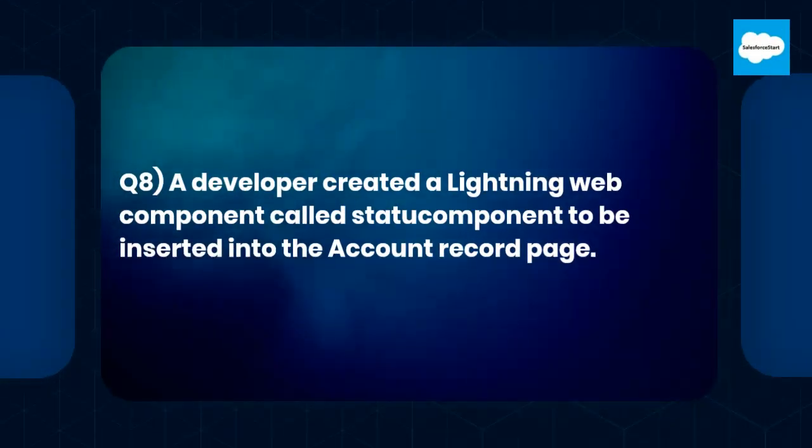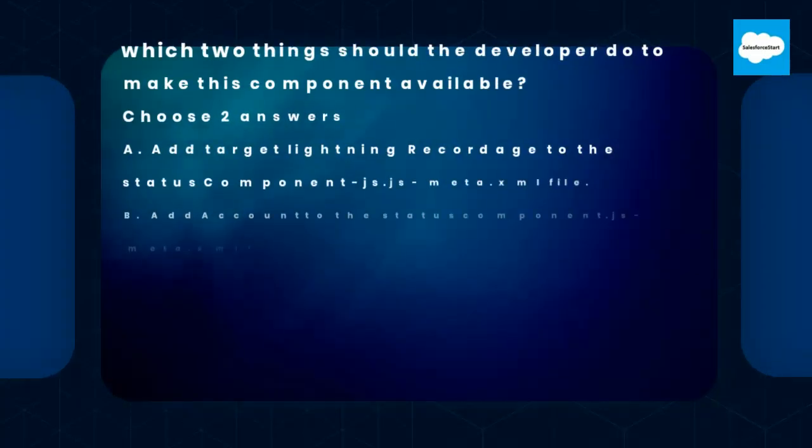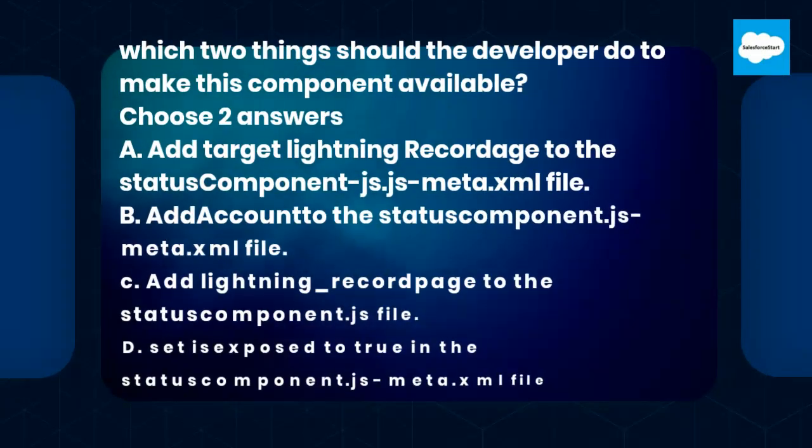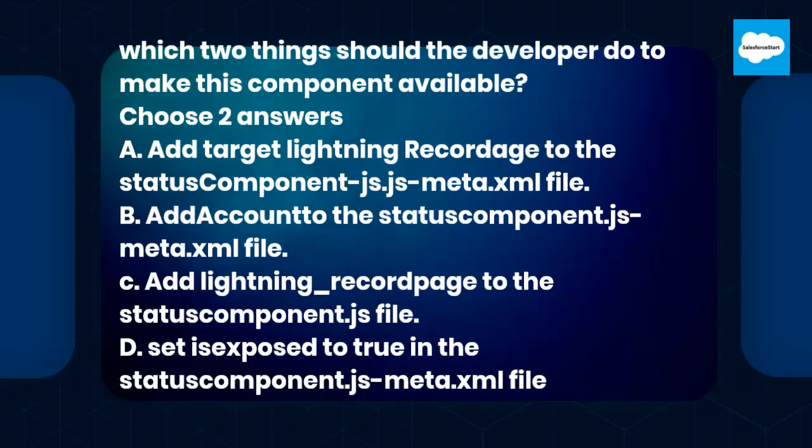Q8. A developer created a Lightning web component called statusComponent to be inserted into the Account record page. Which two things should the developer do to make this component available? Choose two answers. A. Add targets lightning__RecordPage to the statusComponent.js-meta.xml file. B. Add Account to the statusComponent.js-meta.xml file.